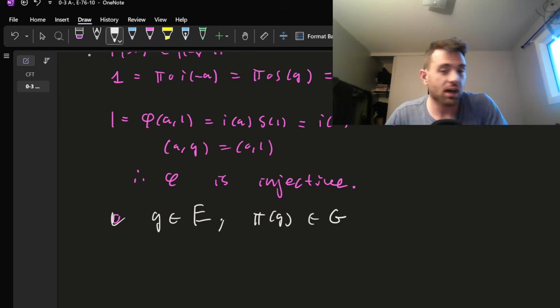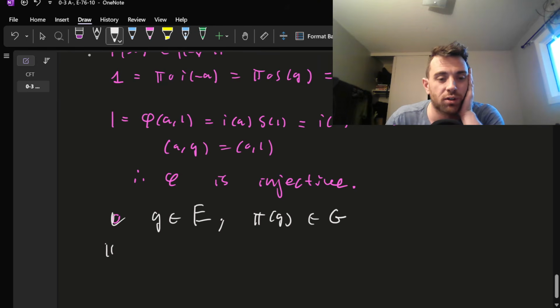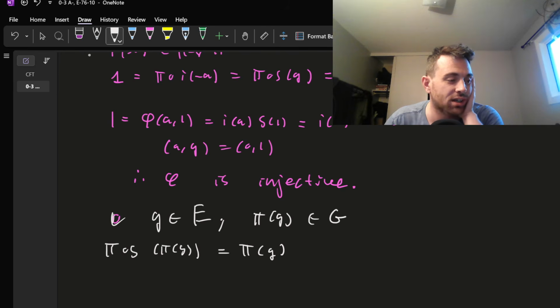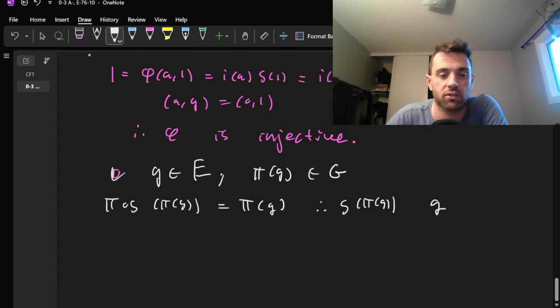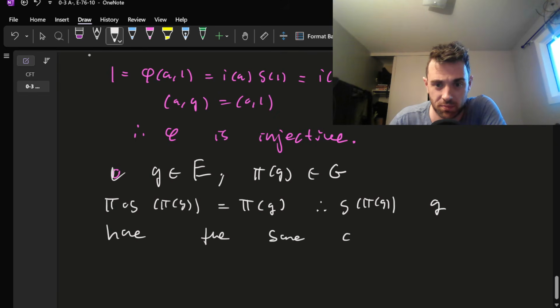And moreover, pi of S of pi G, of course, is going to return pi G. And so therefore, we know that S of pi G and G have the same coset in this quotient.